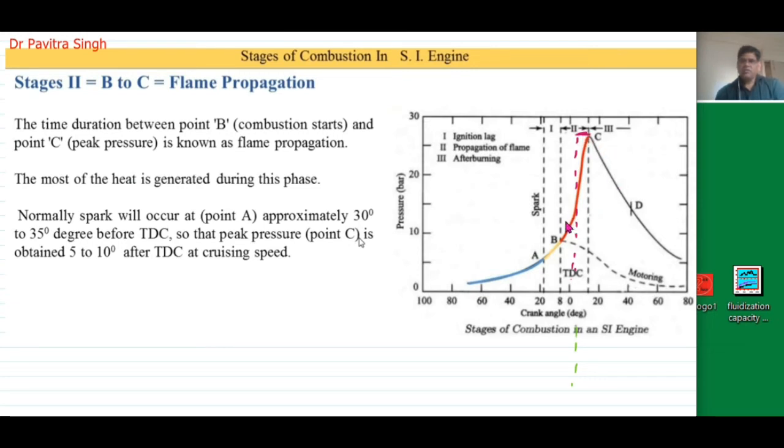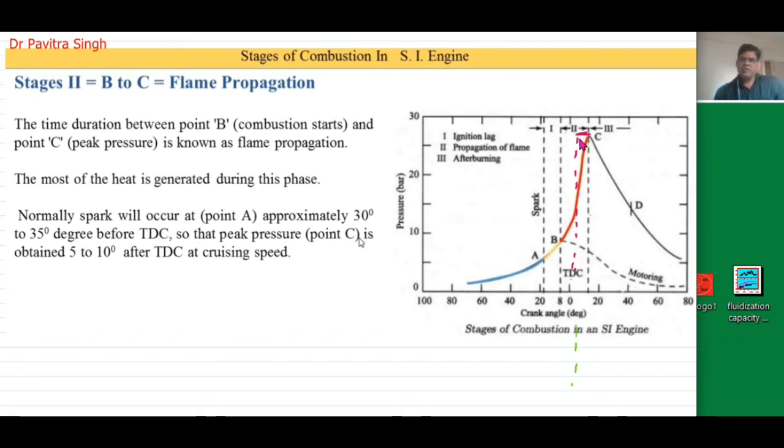So you can see this point A is 30 to 35 degrees before TDC, and this point C is 5 to 10 degrees after TDC.